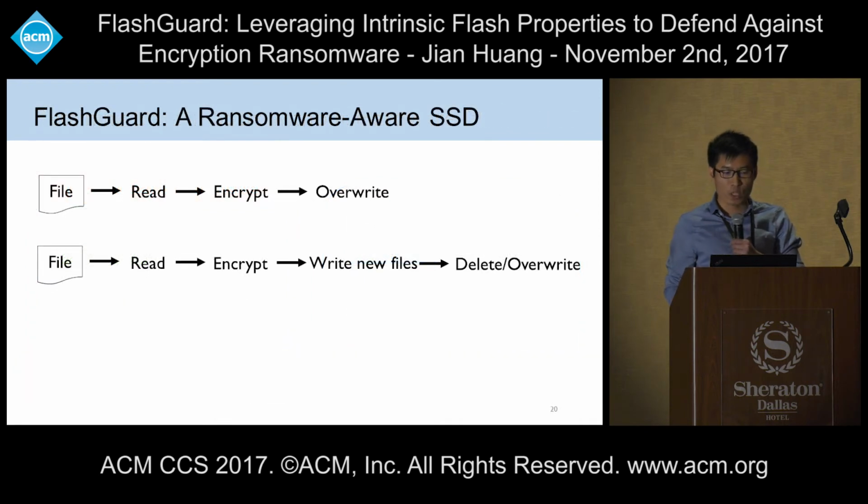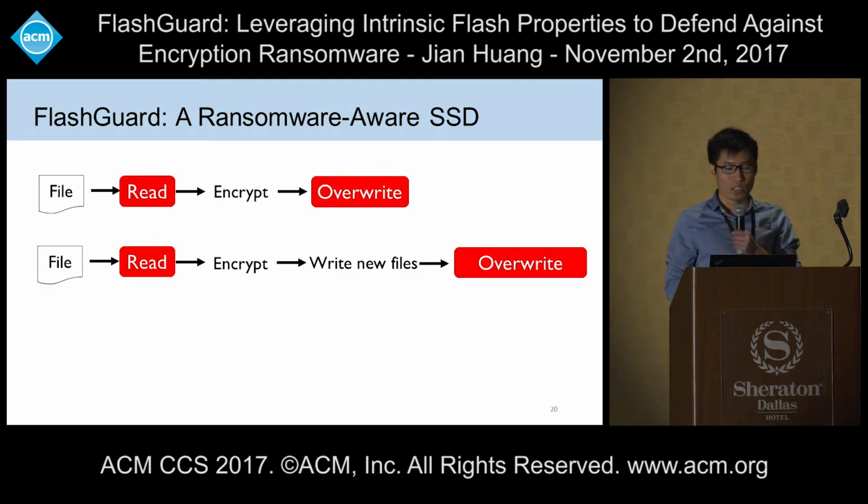When we take a deeper look at the ransomware patterns, there are two categories. The first is that the encryption ransomware reads the files, encrypts the data, and overwrites the original files. The other pattern is that the encryption ransomware reads the files, encrypts the data to new files, and tries every means to delete and overwrite the original files.